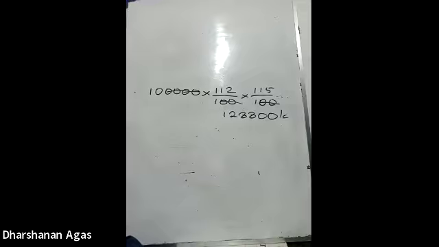Students, how much is he getting additionally? 28,800. That is the compound interest, students. Is that clear now? Understood or not? Understood, sir.